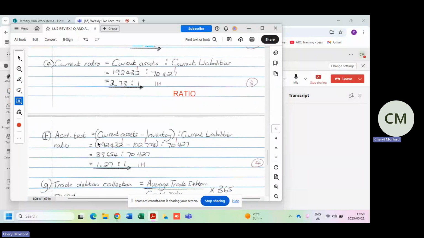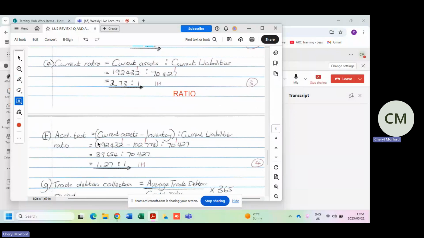Then, what is the difference between the acid test ratio and the current? So this will give us an indication as to whether the business relies too much on its inventory or not. So remember, we included inventory as one of the components of current assets. But the problem with the inventory is it doesn't necessarily mean that the business has collected the payment from those sales.